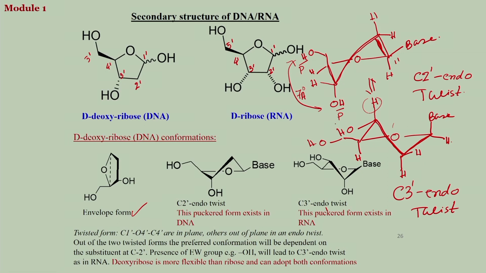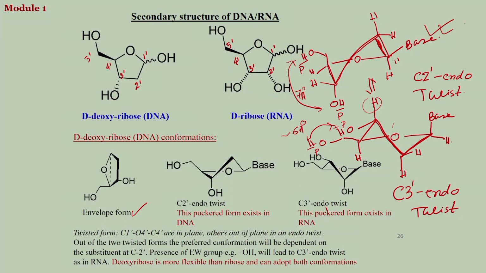On the other hand, this distance, if you have P here and P there, is close to 6 angstrom. So, this is closer, and closer means they will have to face more steric interactions or repulsions. So, for the DNA conformation, the C2' endo twist is the favored conformation.